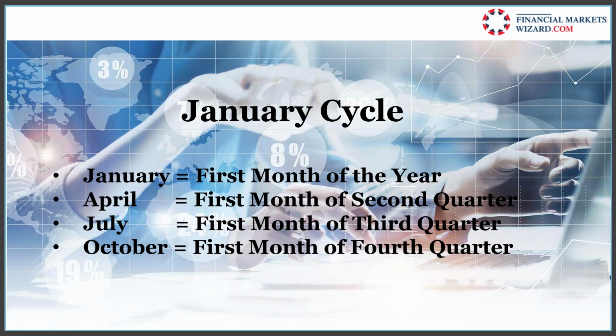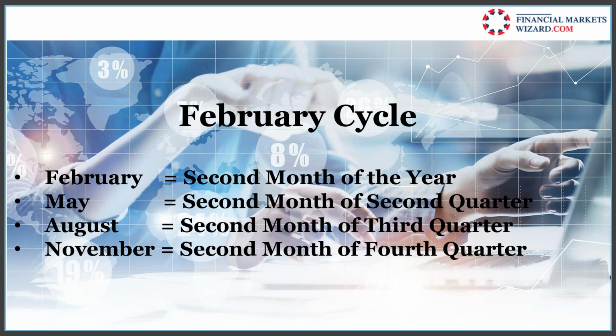So whenever you open the option chain of a stock with a January cycle, you will see one of these 4 months: January, April, July, and October. First month of the second quarter, first month of the third quarter, and first month of the fourth quarter. Okay.